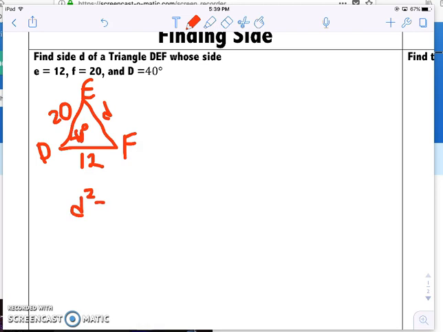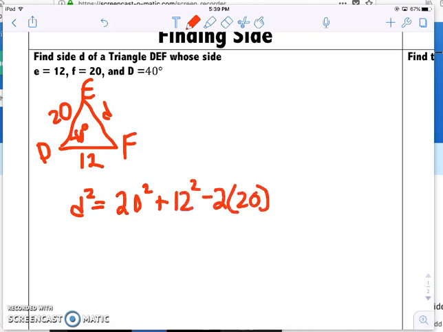Well, d squared equals 40 squared, oops, not 40, that's not the side length. So our other two sides, 20 squared plus 12 squared minus 2 times 20 times 12, and then it's the cosine of the angle corresponding to the side that we're trying to find, which is D, so times the cosine of 40.